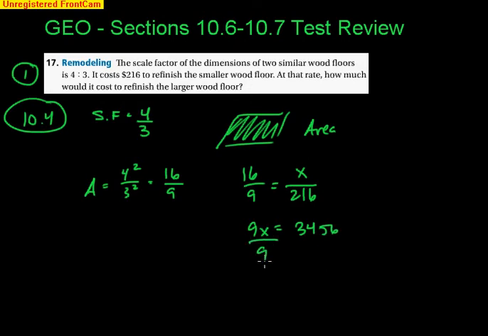I'll divide both sides by 9 to get the cost of refinishing the larger floor, and I got $384. So the answer to this problem is 384. Understand, if you're dealing with area, you have to work with the scale factor squared.